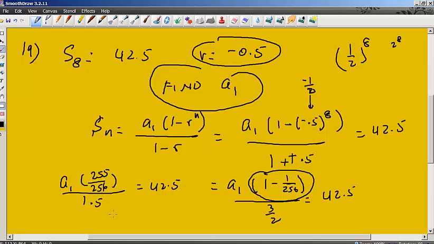So you're going to have to divide 255 by 256 and then divide that answer by 1.5. So what is that answer?